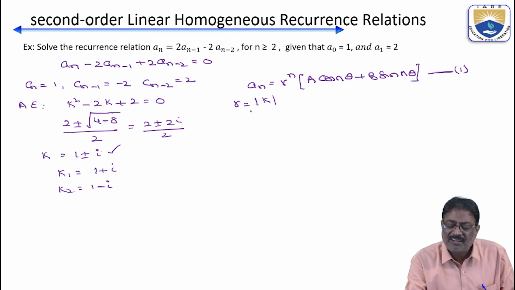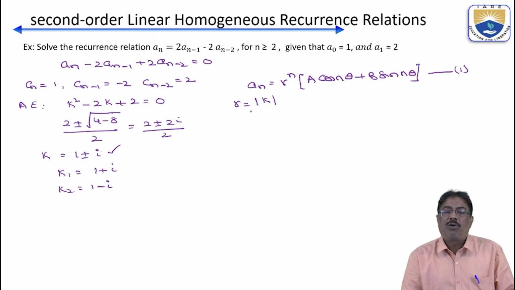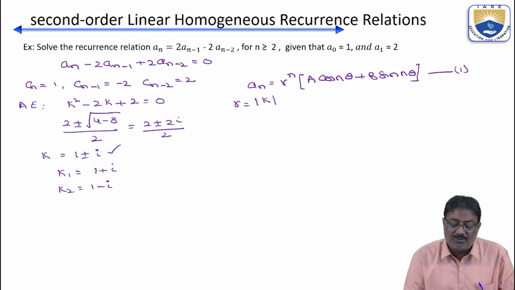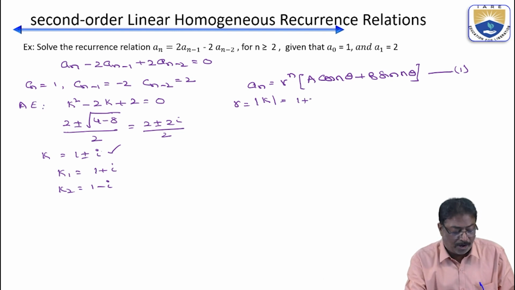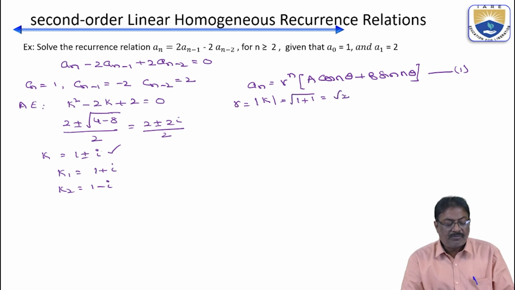I am going to consider k1; we can take the modulus of k1 or k2, whatever it is, it will be the same. So it is the square root of 1 squared plus 1 squared, which is nothing but the square root of 2. So this is r.